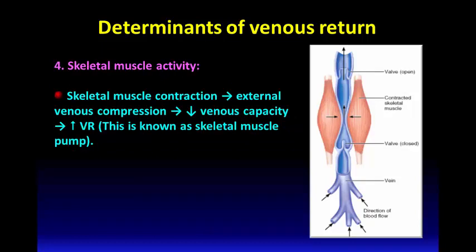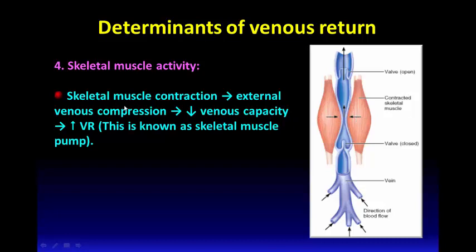The third factor which determines the venous return is the activity of the skeletal muscle. Skeletal muscle contraction results in external venous compression.